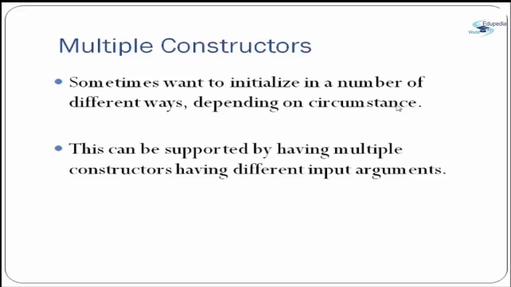I want to create a student, but I don't know the age. In that case, how will I do that? So I have a constructor with two arguments. I can still create an object of Student by just passing name and ID, and I have another one for passing all three. So I hope you got the concept of why we need multiple constructors and how to create them. Fine, so let's move forward.